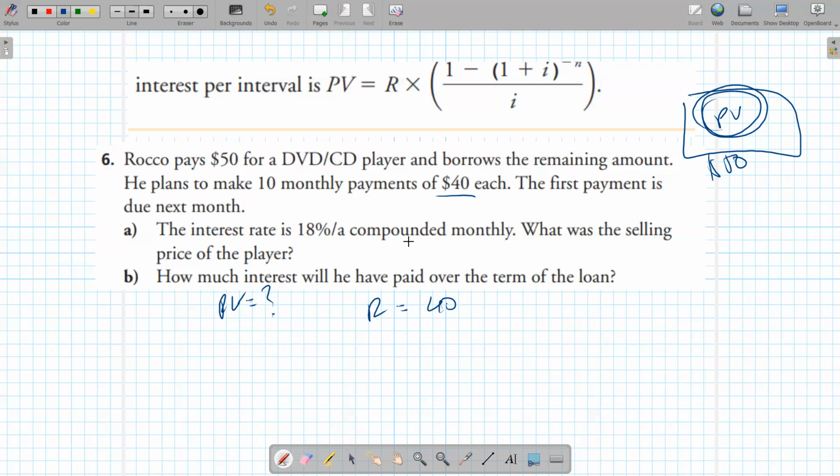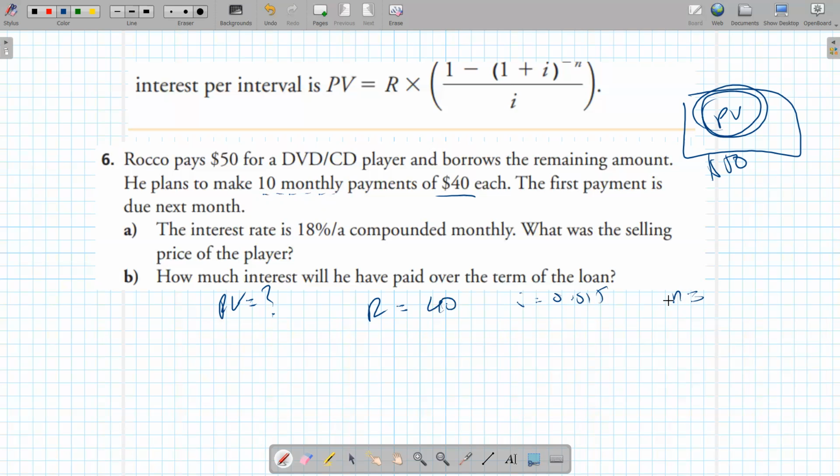We know it's 18% compounded monthly, right? So we can just try doing 0.18 divided by 12. Right, so I is 0.015, and then finally N is how much? 10 monthly payments, right?